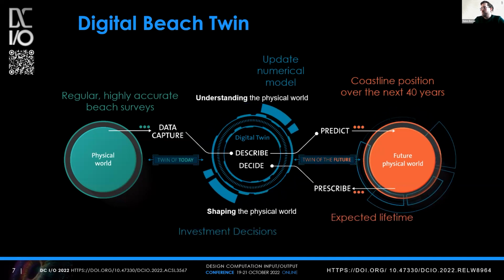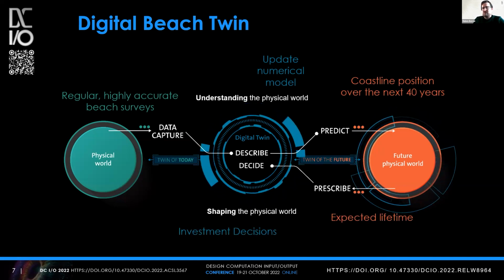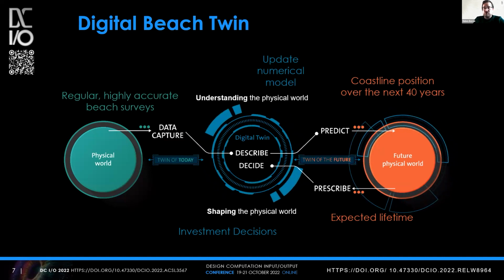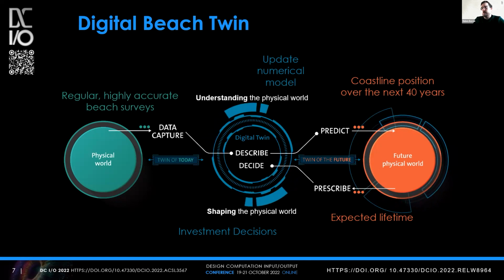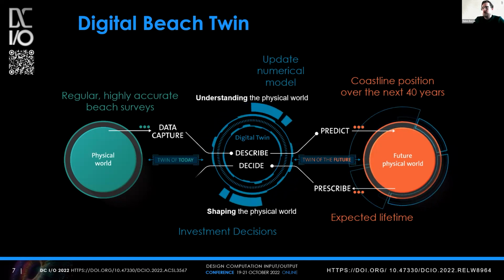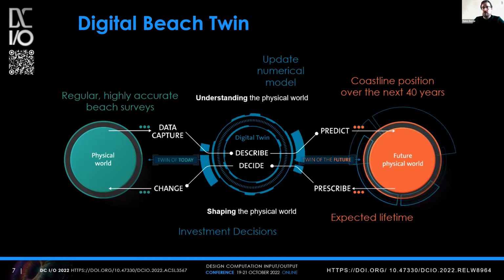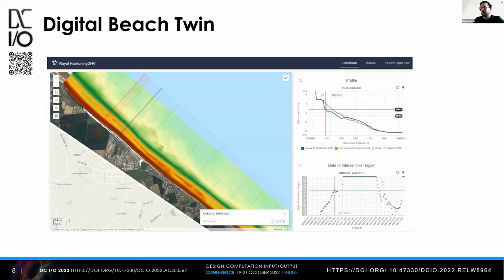And we then use those critical beach states to define when an intervention would be needed. So we prescribe that to the client, and they can then make their investment decisions that will hopefully lead to an increased resilience of this particular coastline.